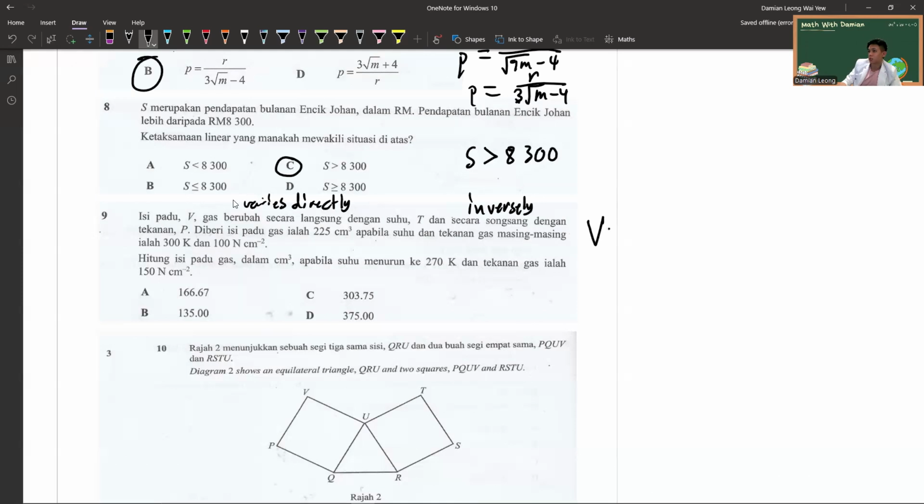So V varies means it should equal a constant. Directly we times T. Inversely we divide, so over P.